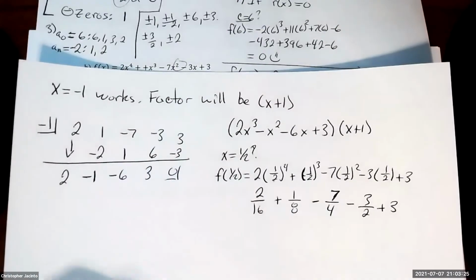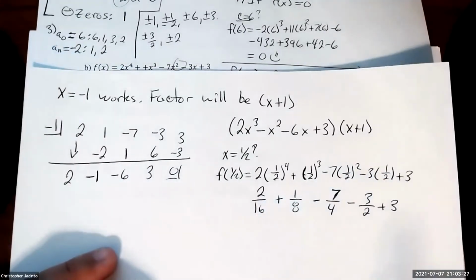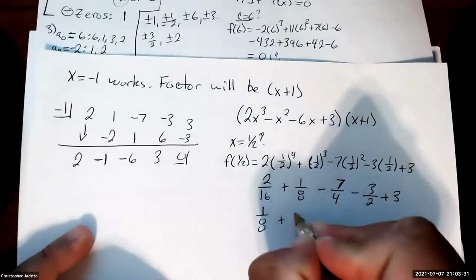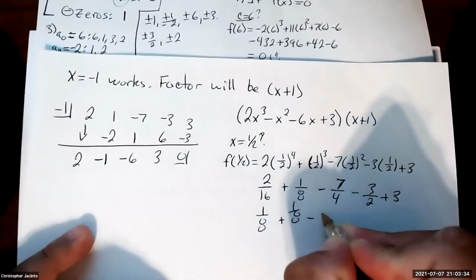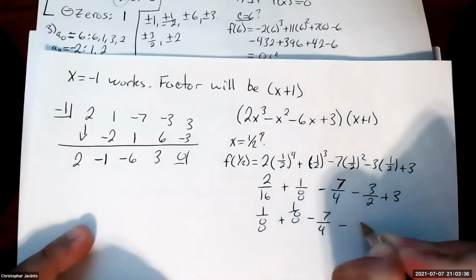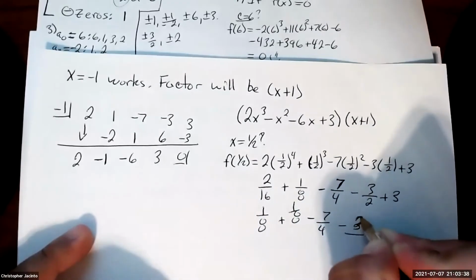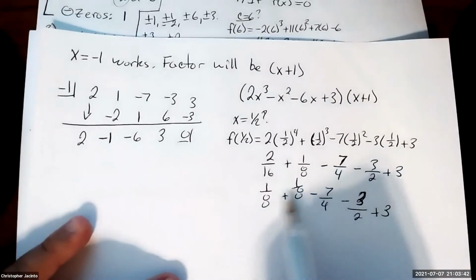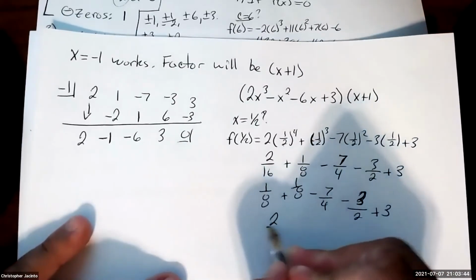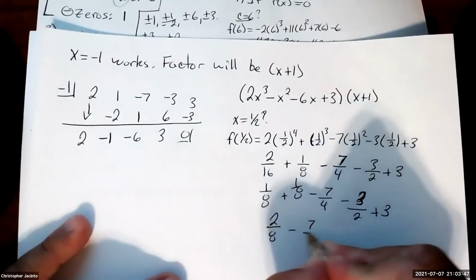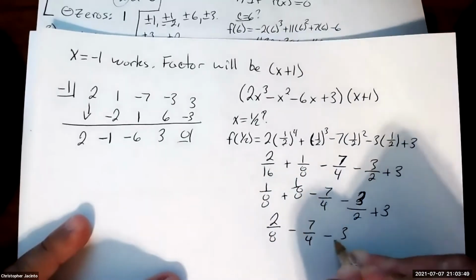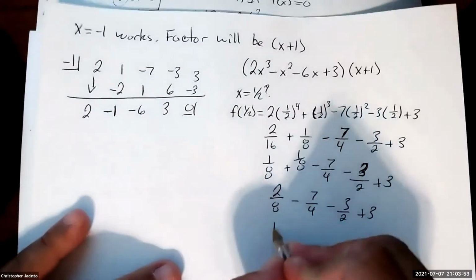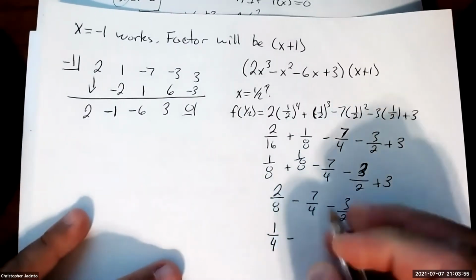Now again, remember, you guys use a lot of calculators, so if you want, you can just put these in decimals and simplify. I don't think this one is too bad to simplify. So this gives us right here 2 over 8. And then we know 2 over 8 is 1/4, just simplifying that.